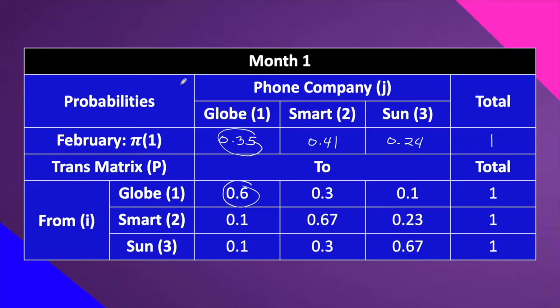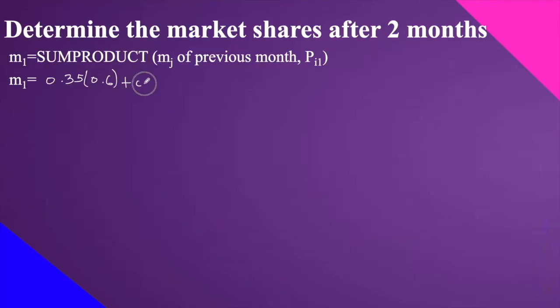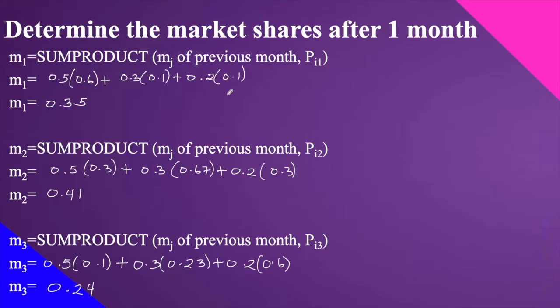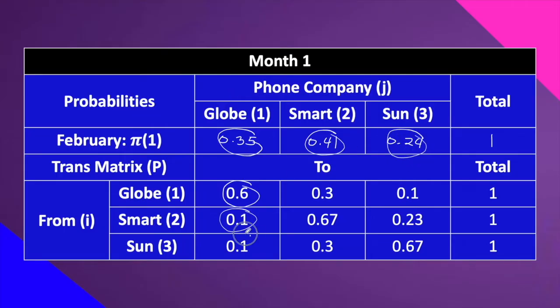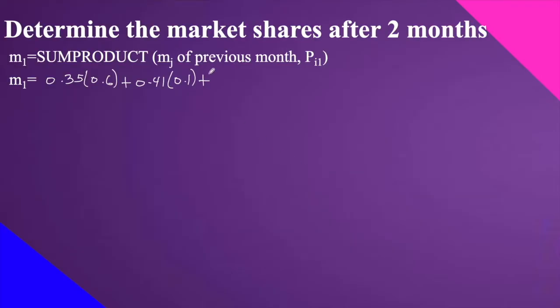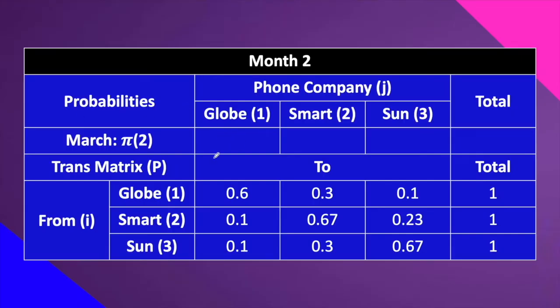Next, plus, let's have 0.41 multiplied to 0.1, plus, let's have here 0.24 multiplied to 0.1. So 0.24 multiplied to 0.1. And this is equivalent, guys, to 0.28. This is the market share of Globe after 2 months. After month 2. Ito, lagay natin dito, no, 0.28.